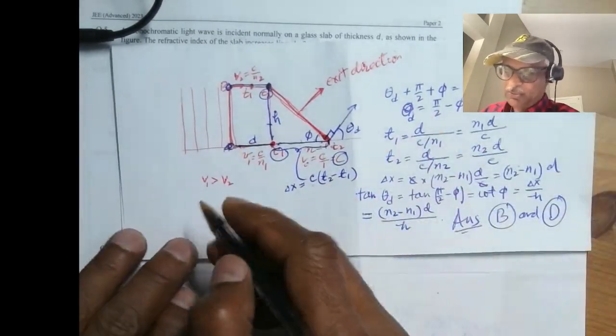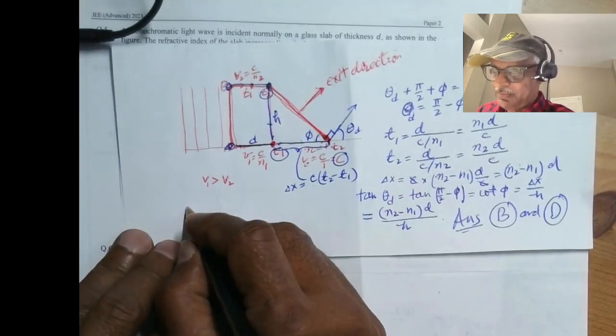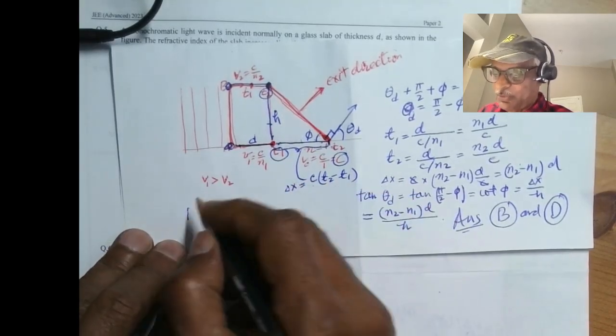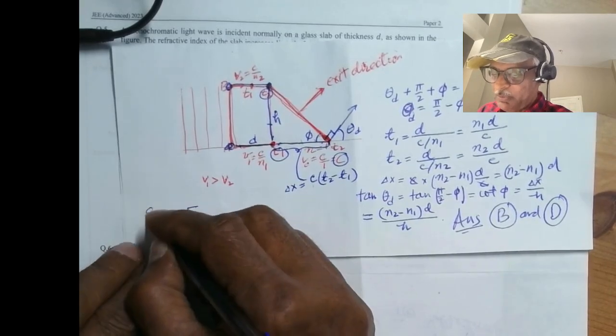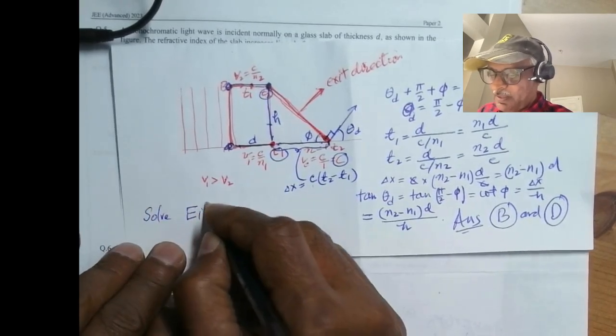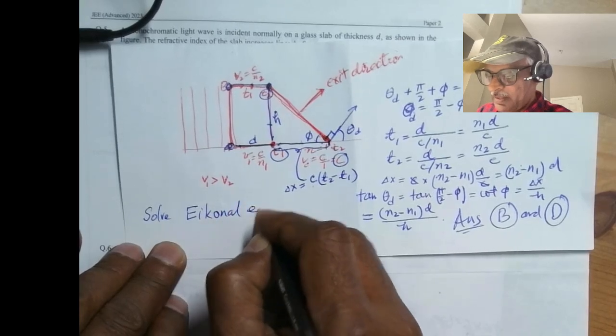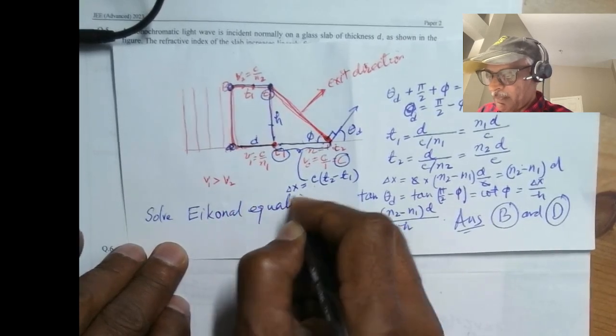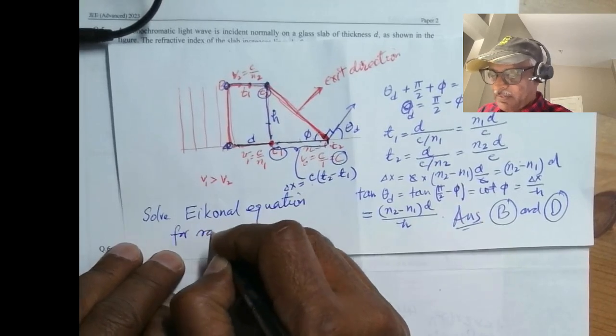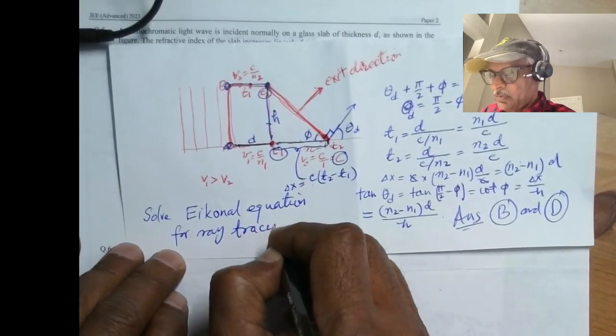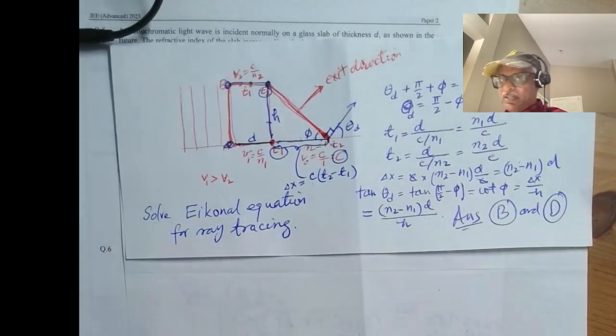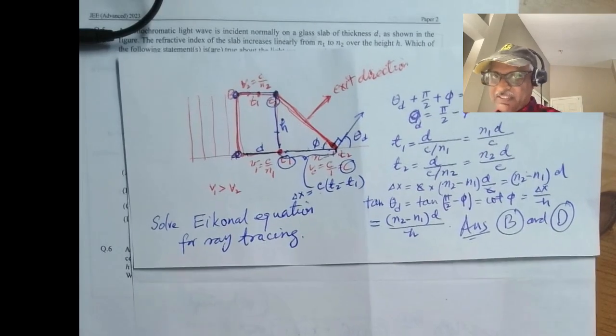For those who want to work it out in a more general way, you would solve the eikonal equation for ray tracing. You can Google it and study on your own from more advanced books.